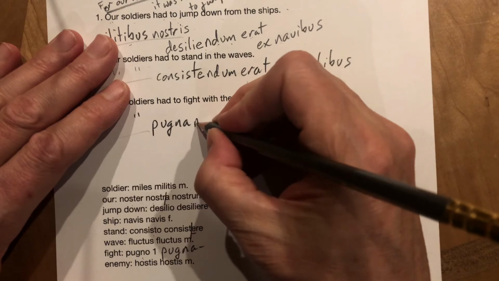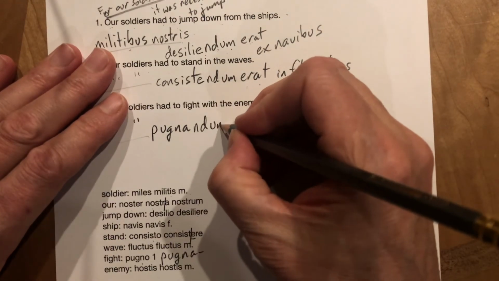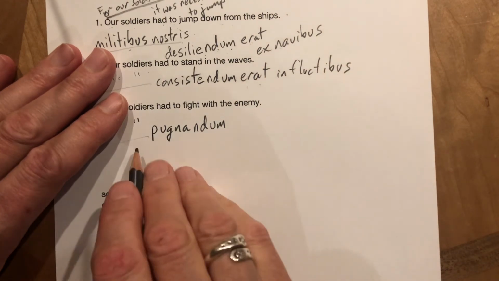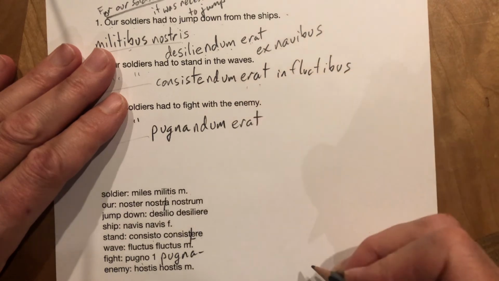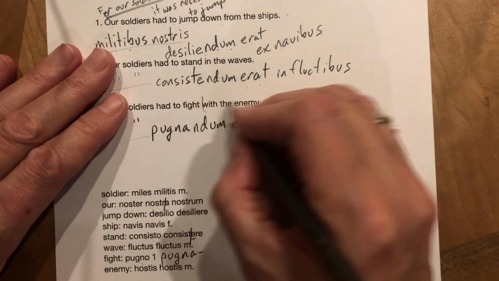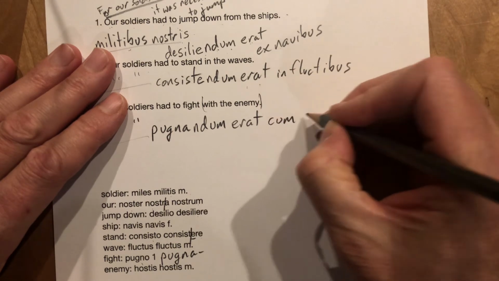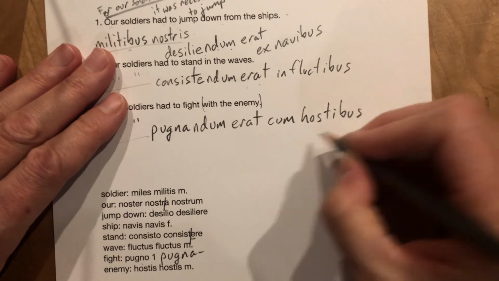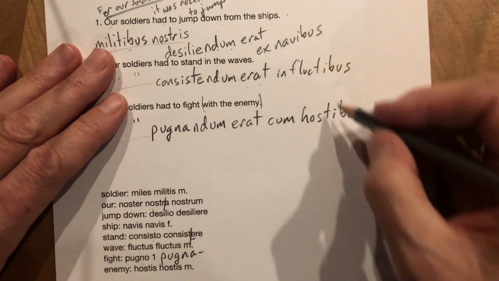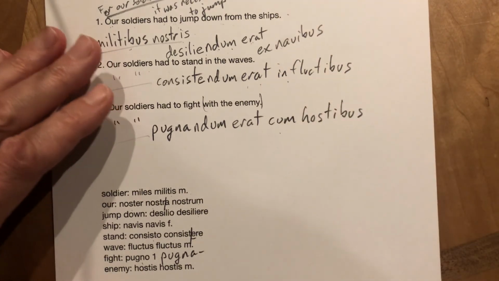Add the ND, and again, make it neuter, nominative, singular: pugnandum erat. And what's our prepositional phrase here? With the enemy, cum hostibus. I did those prepositional phrases, ex navibus, in fluctibus, cum hostibus, rather quickly, because that's the easy part.